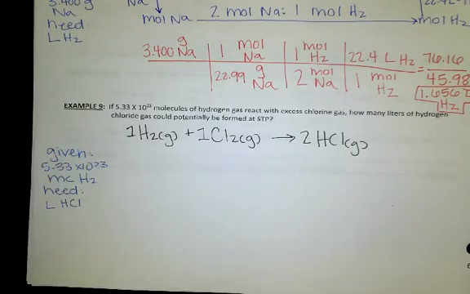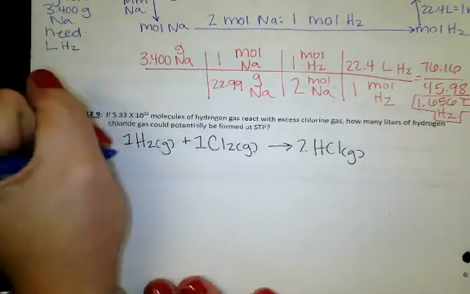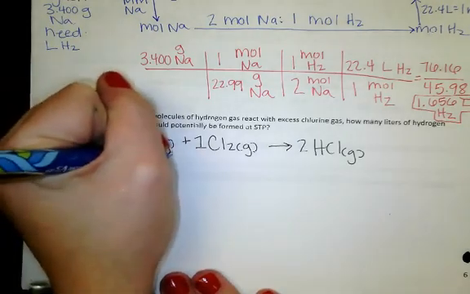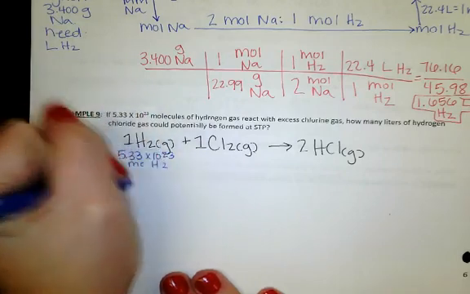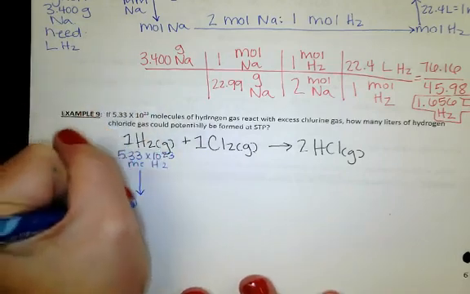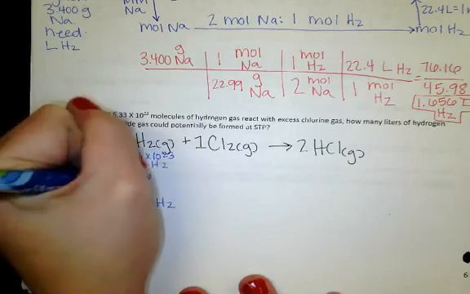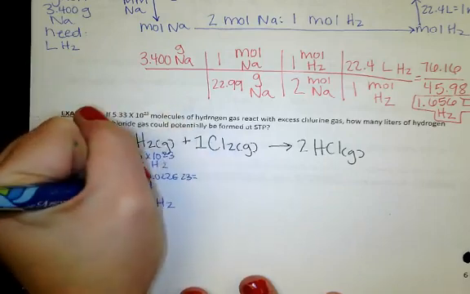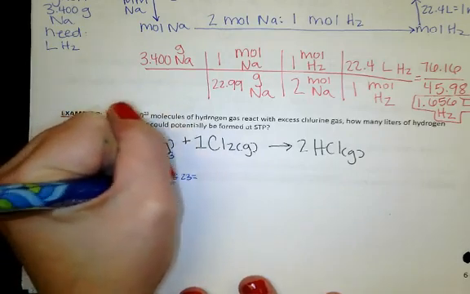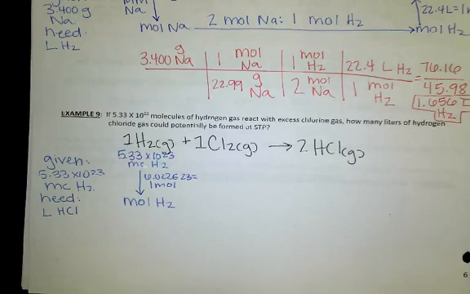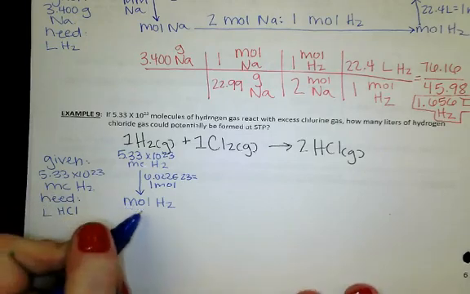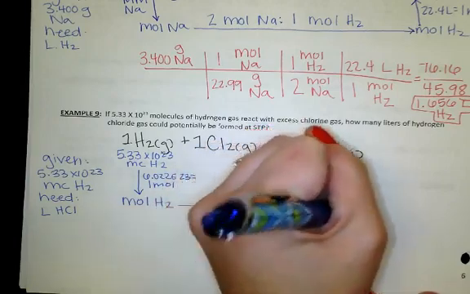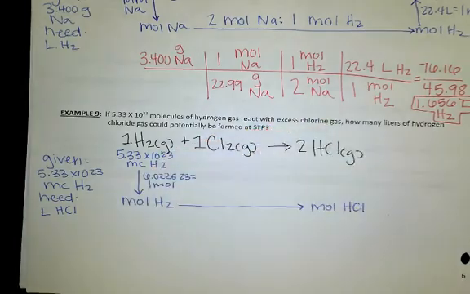Okay, so let's start our map. So 5.33 times 10 to the 23rd molecules of hydrogen gas. We're going to convert that to moles of hydrogen gas using Avogadro's number. So 6.022 times 10 to the 23rd equals 1 mole. Then we're going to go from moles of hydrogen gas to moles of hydrogen chloride using our molar ratio.